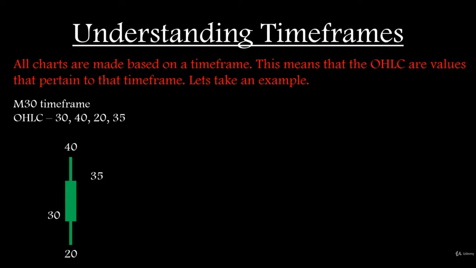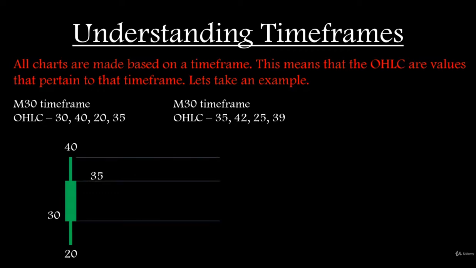And this is what our candle looks like. Now the very next candle in this chart is also going to be an M30 time frame candle, because we're on the M30 chart. And assuming that the OHLC values are 35, 42, 25 and 39, we can go ahead and make the candlestick for this as well. I'm going to draw horizontal lines so it's a little easier for you to see where the opening and the closings are.